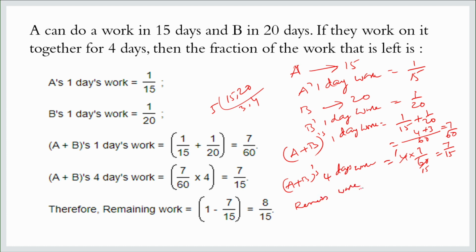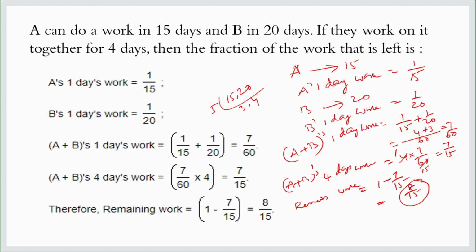Remaining work is 1 minus 7/15, which is 15 minus 7, 8, so 8/15. Correct? The fraction of work that is left is 8/15.